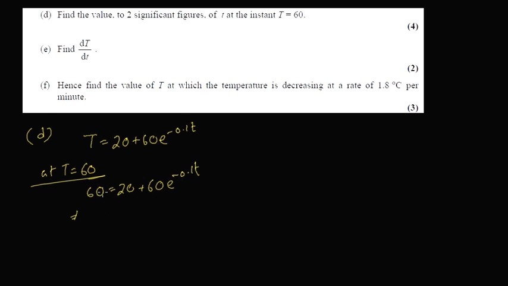So that would be 60 minus 20 is 40. 40 equals 60 e to the power minus 0.1 t. So therefore if you send this 60 to the other side, it would be 4 by 6. That means it would be 2 by 3 equals e to the power minus 0.1 t. So we can write e to the power minus 0.1 t equals 2 by 3.